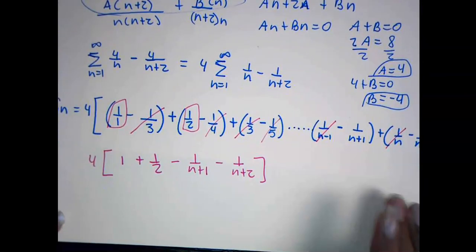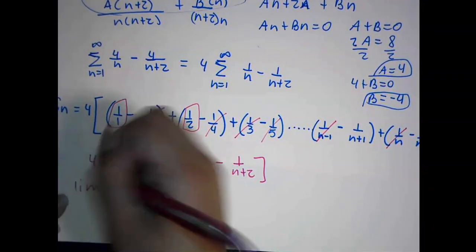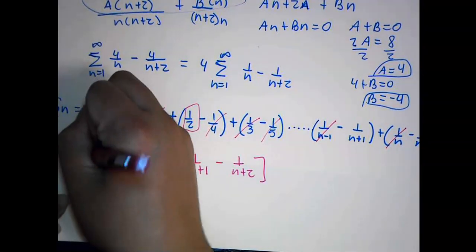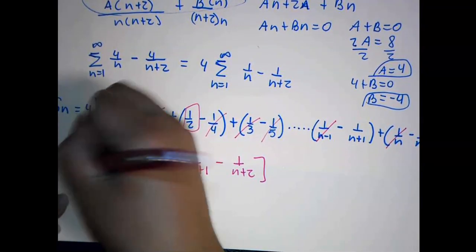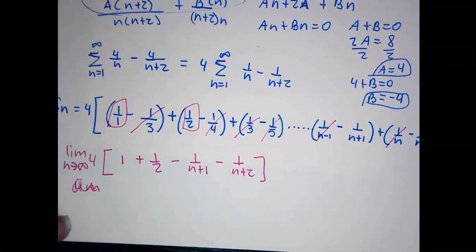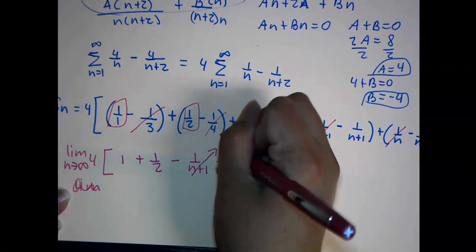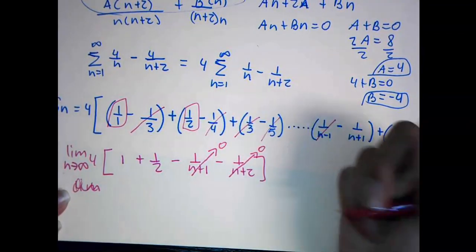Now I want to find the limit. Let me write it over here. I want to find the limit as n approaches infinity. If I put infinity here, this is going to go to 0, and this is going to go to 0.